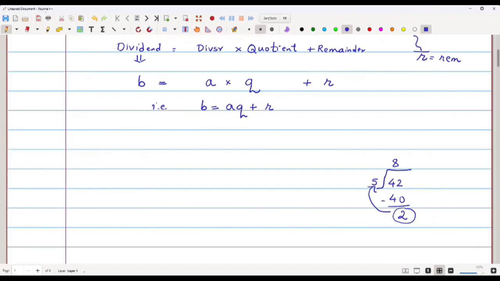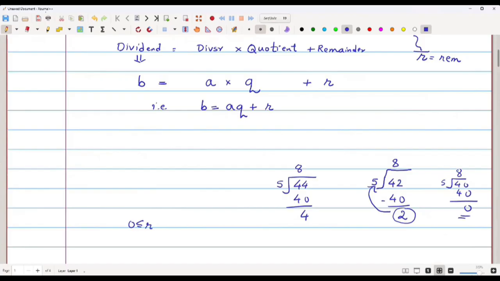The remainder can be 0, right? If I divide 40 by 5, the remainder is 0. Instead of 42 or 40, if I take 44, then the remainder will be 4, so it is greater than 0.